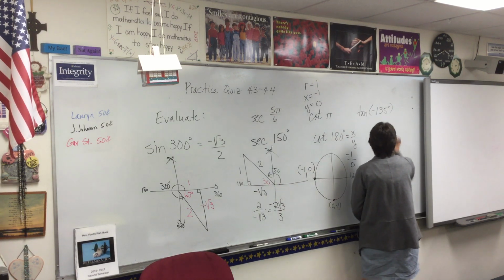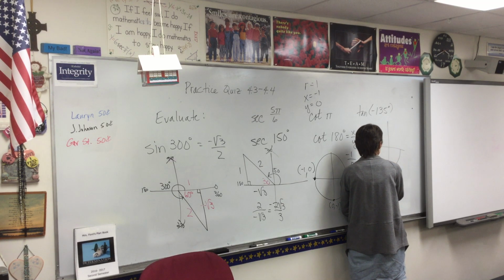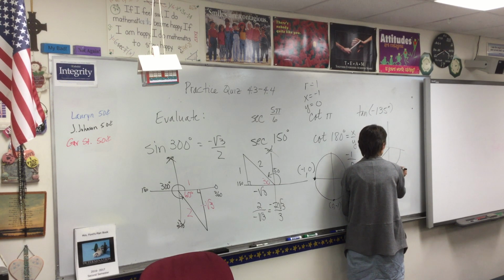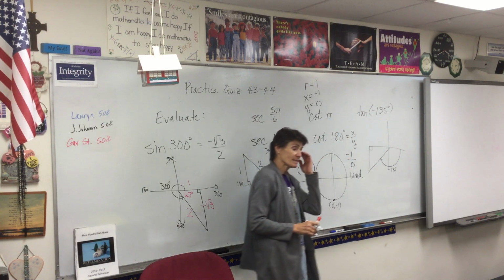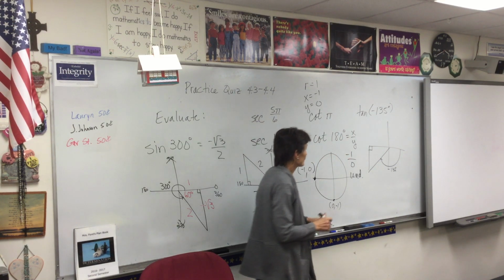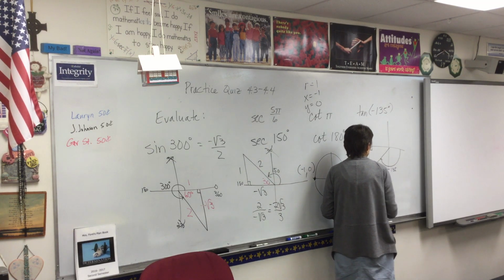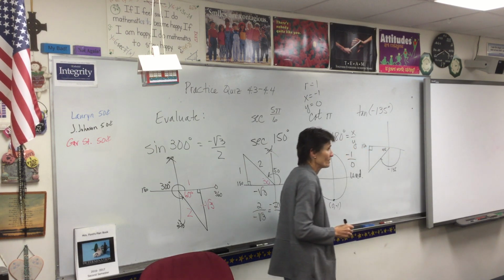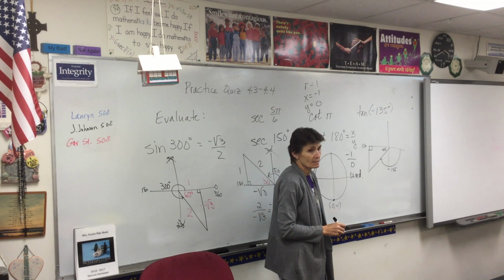All right, tangent, negative 135. That means instead of going up and around, I'm going to go down and around, and I'm going to stop about right there. Does where I stop make sense to everybody? Yes, ma'am. Bigger than 90, less than 180. So this is 180 over here. How big is that guy? 45. 180 minus 135, 45 degrees.